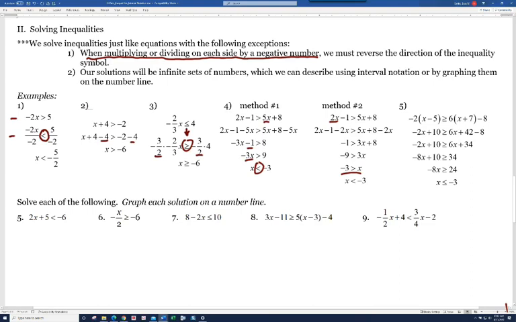Now when we were talking about equations, I told you I don't care which side you put x on. But when you're dealing with inequalities, x needs to be on the left. What I found out in the past is students often didn't know what their answer meant when they got an answer like this one here. And so by putting the x on the left, you're showing me that you do know what that indicates or what it means.